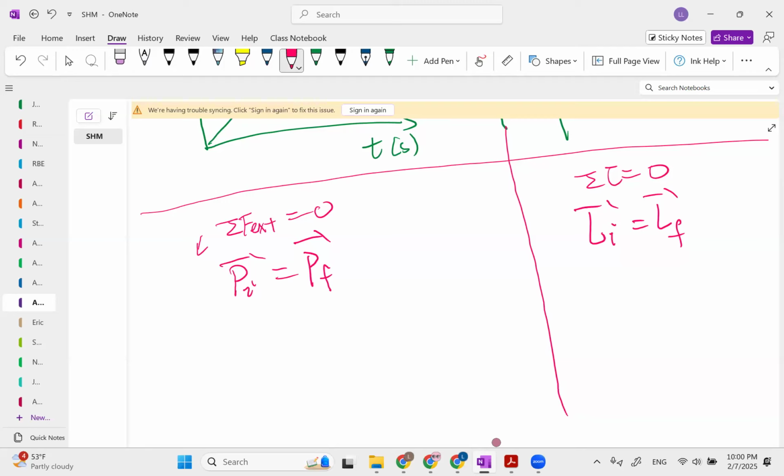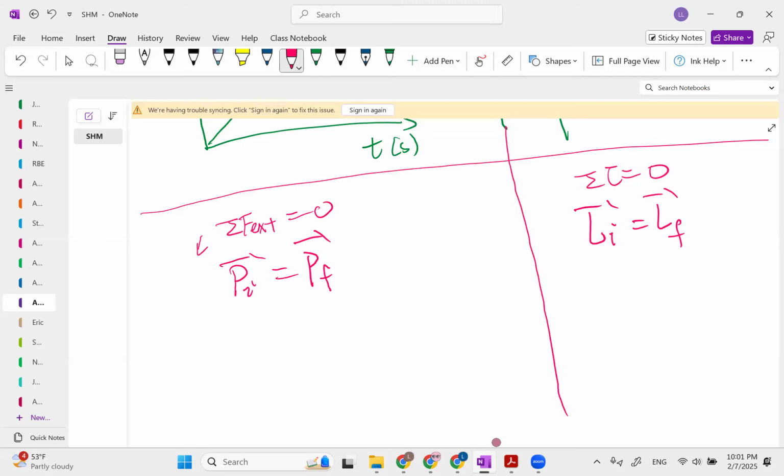How many types of collisions do you know?